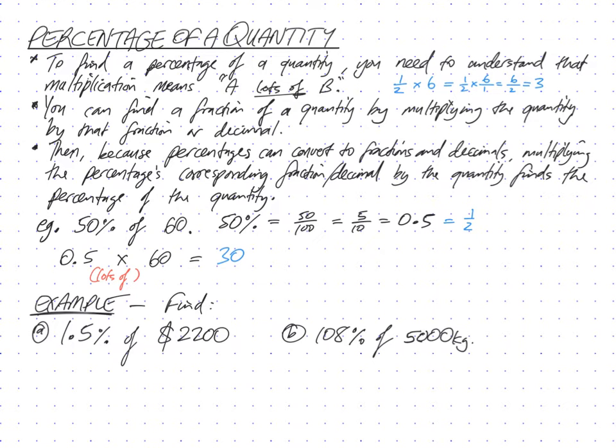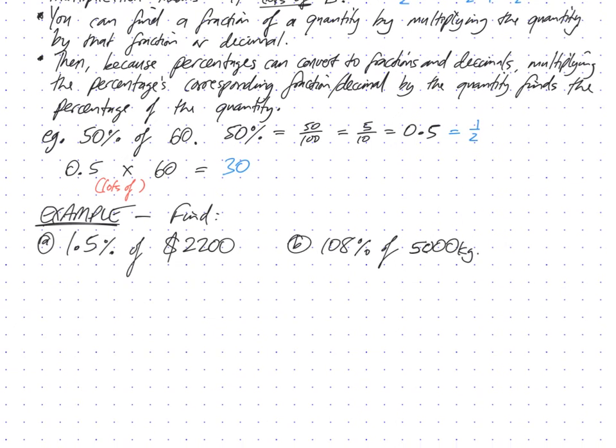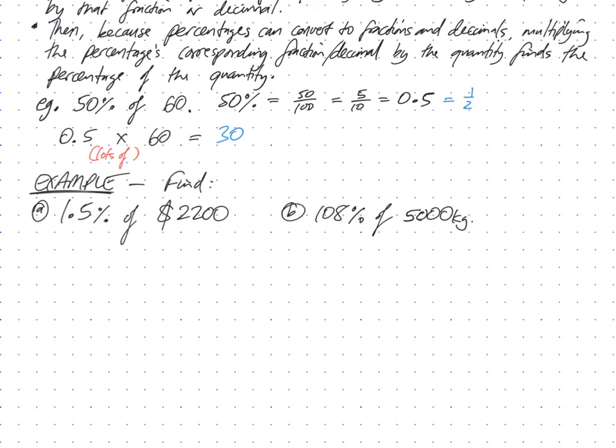That same methodology can be used for any percentage and any quantity. You just times the fraction or the decimal by the quantity you want, and it'll spit out what that percentage of the quantity is. So I've got 1.5% of 2200. 1.5% as a decimal is going to be divide by 100, so it's going to be 0.015.